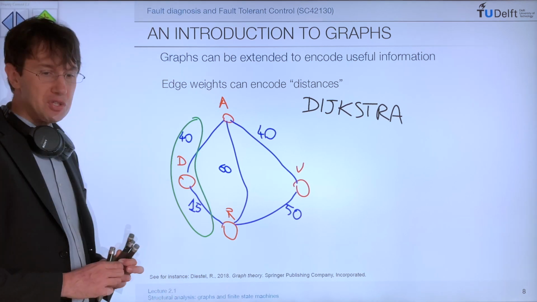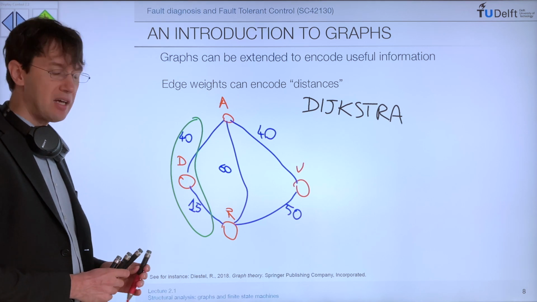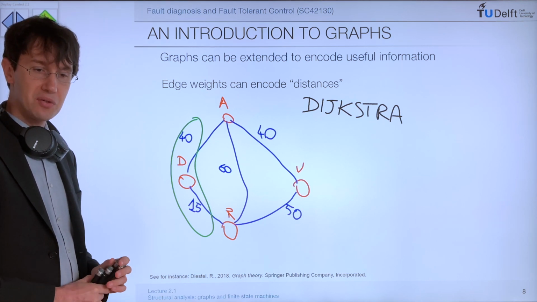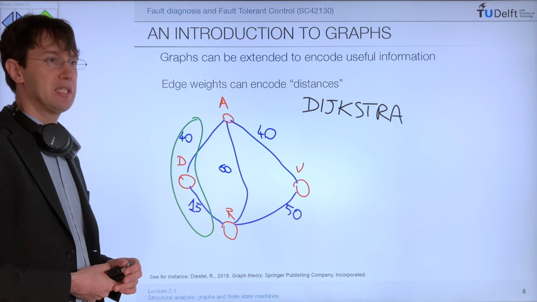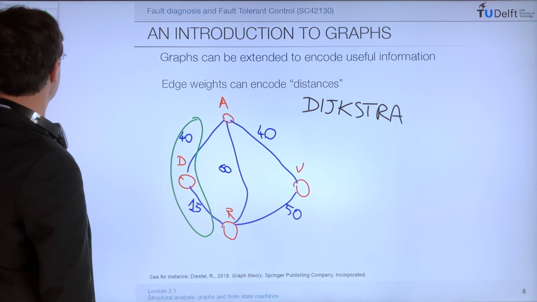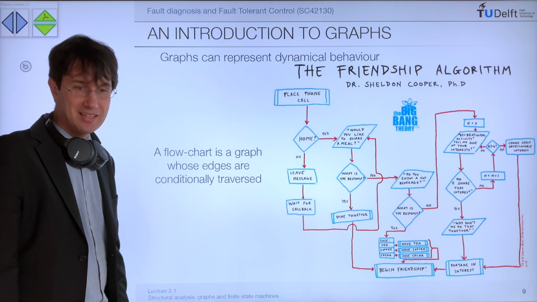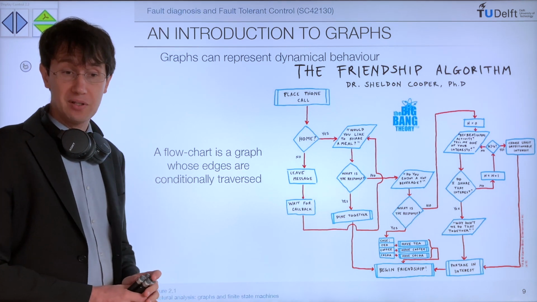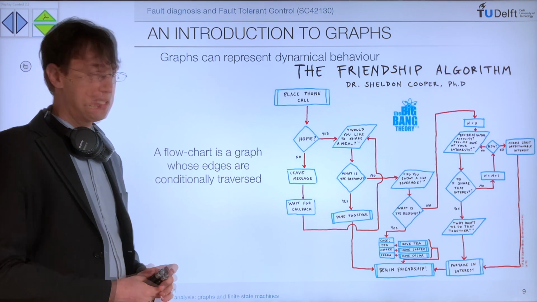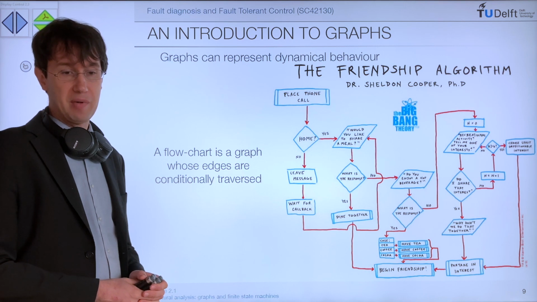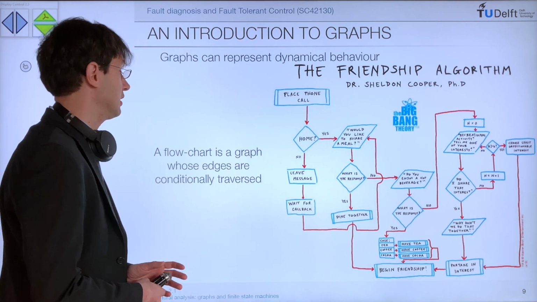Then, if we talk about dynamics, graphs can also serve other interesting purposes in this field. You can use graphs to describe the behavior of dynamical objects. An example that you know very well is flowcharts.